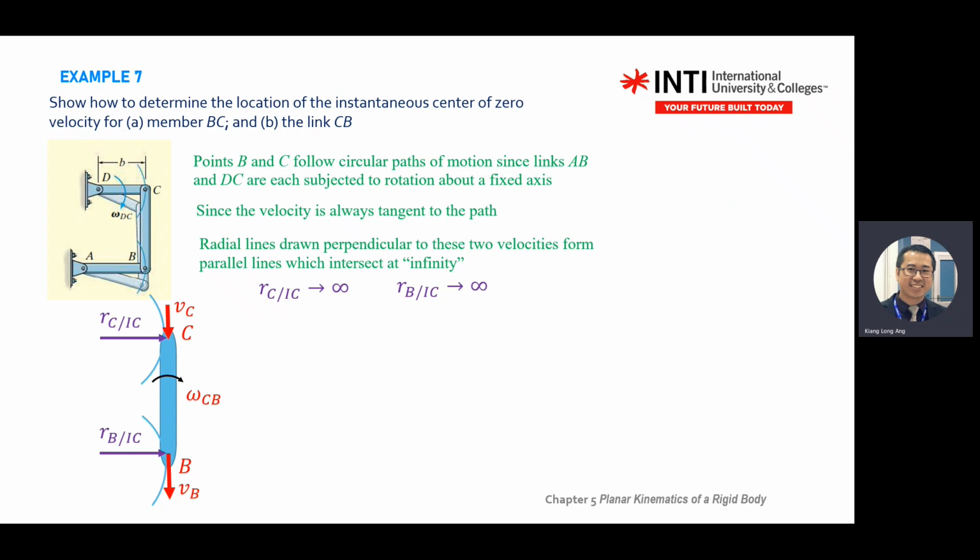How do you calculate omega? V divided by R. What do you get? Infinity. How do you get infinity? This is R. How do you get the omega? I give you a chance to think again.